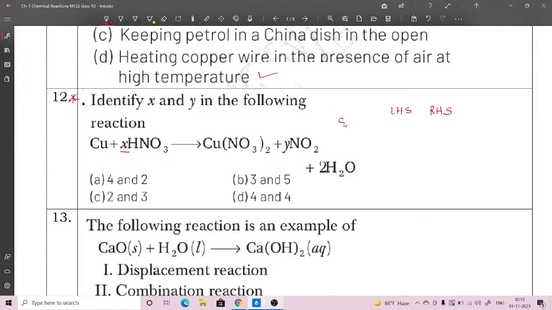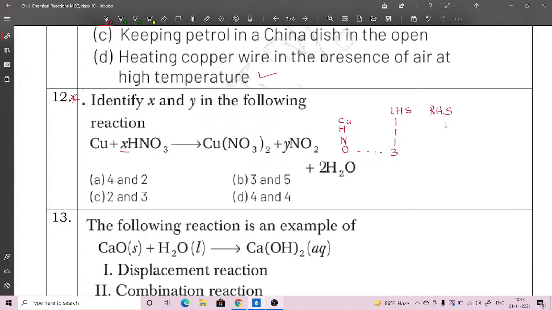We have copper, hydrogen, nitrogen, oxygen. On the left hand side, copper is 1, hydrogen is 1, nitrogen is 1, whereas oxygen is 3.